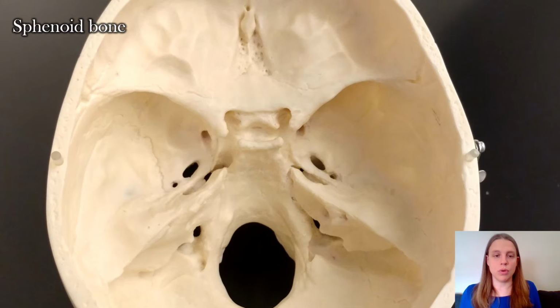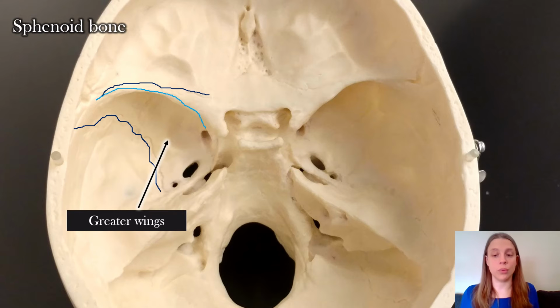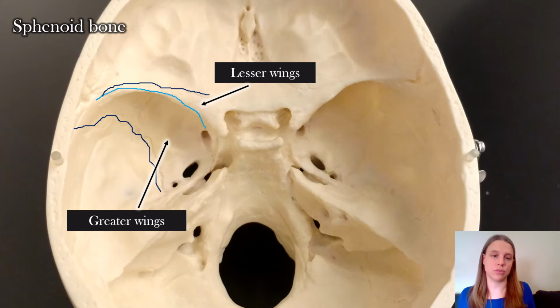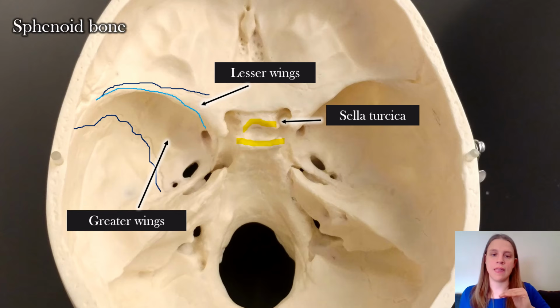Behind the ethmoid bone and the frontal bone is the sphenoid bone. And the sphenoid bone has greater wings and lesser wings. Also, if you look towards the center, you see there's two little ridges of bone with a dent in the center. So the whole thing is called the Sella Turcica, which means Turkish saddle.